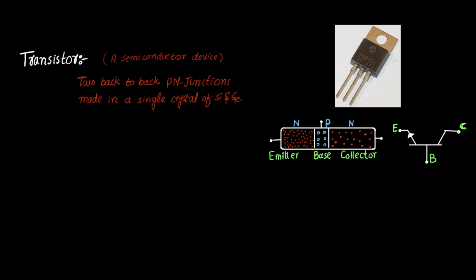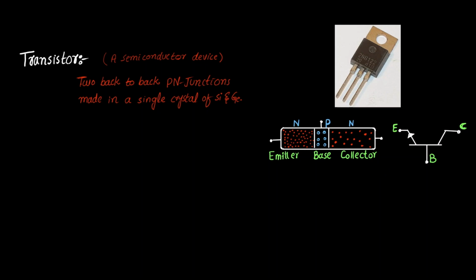Okay, so the symbol for the NPN transistor is this. These two wings represent the emitter and collector, and this region represents the base. Here, towards the emitter, we have this arrow, which represents that in the base we have P-type semiconductor material. As we know, from a positive charge particle, electric field lines originate.